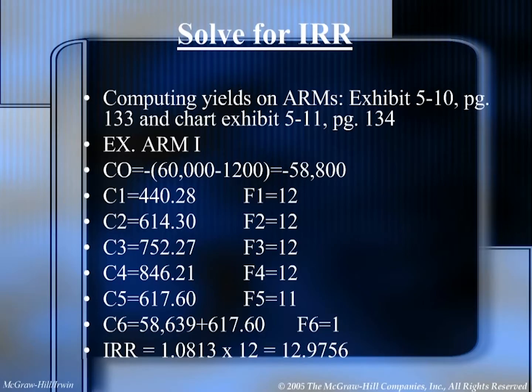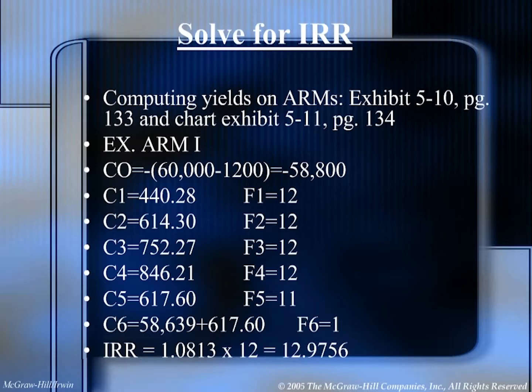Use what you calculated for the second year for the payment, $614.30, 12 months, and so forth, until the assumption here is that you're going to sell at the end of the 5th year. So during that 5th year, you have $617.60 payments for 11 months, but that final payment on the 60th month is the $617.60 plus the ending balance, which is $58,639.